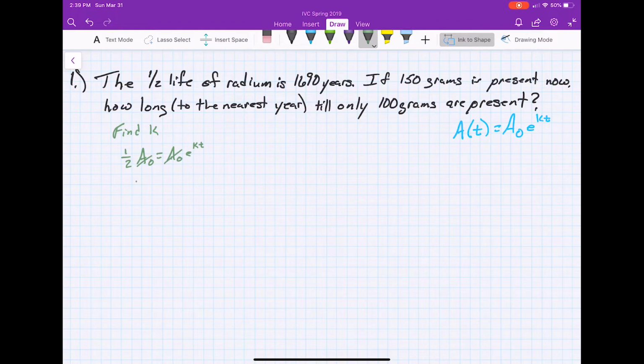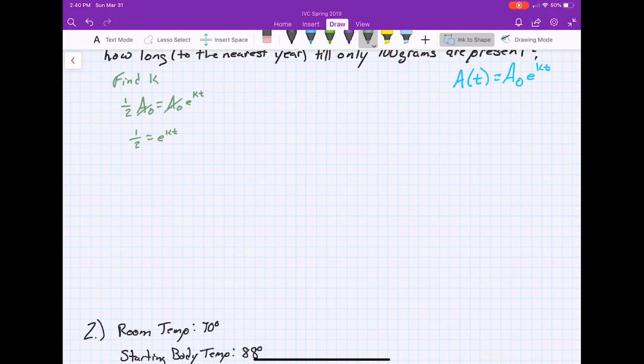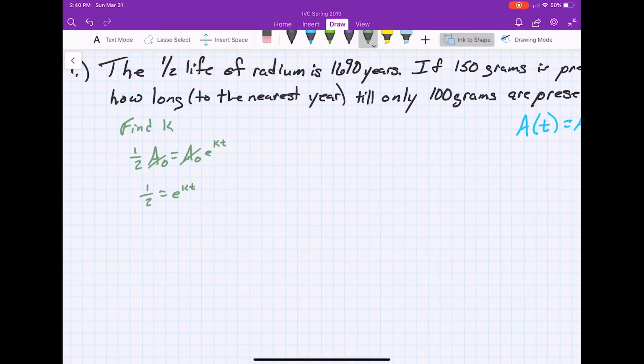So we have 1/2 is equal to e^(kt). Well, we know what t is already, which is 1690 years. So we can substitute the 1690 in here for t, and that's k.